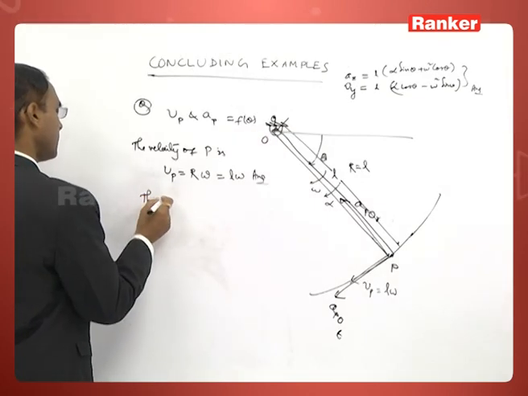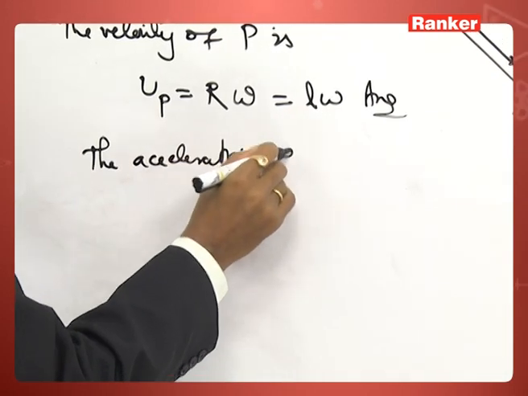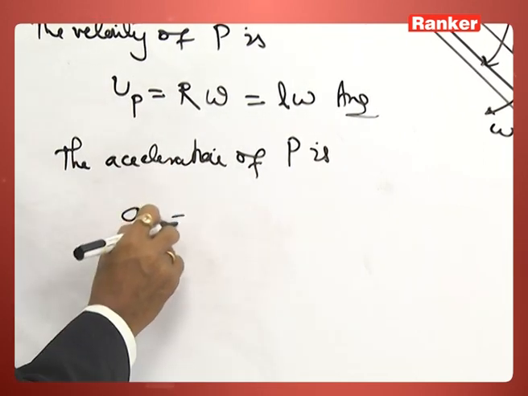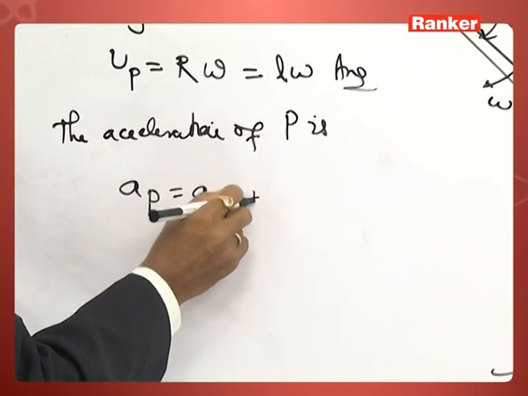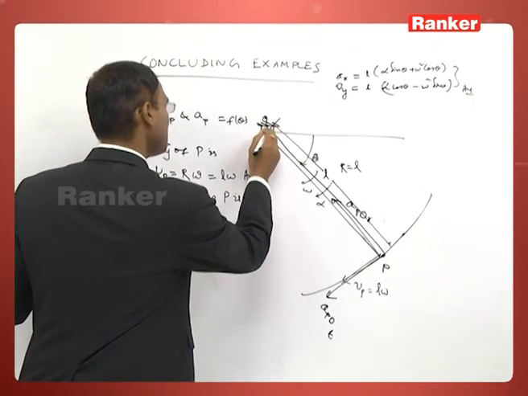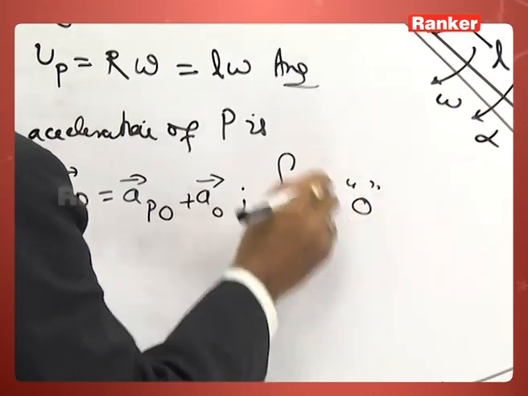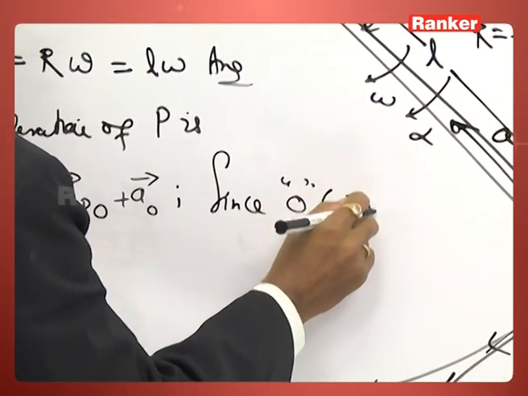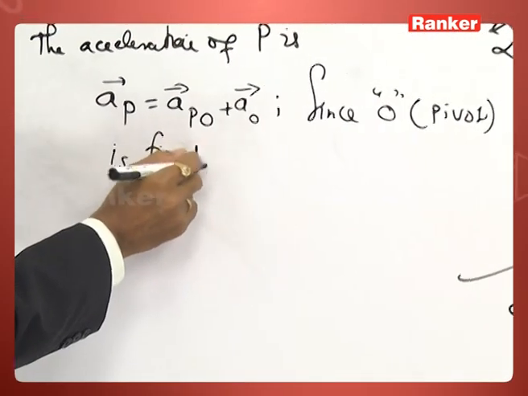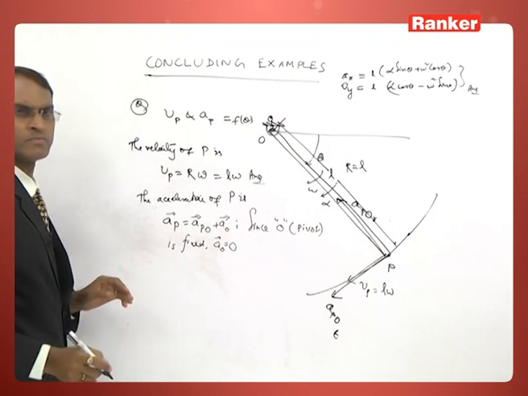The acceleration of P is given as a_P is equal to a_PO plus a_O. Since the pivot O is fixed, the acceleration of this point is 0.